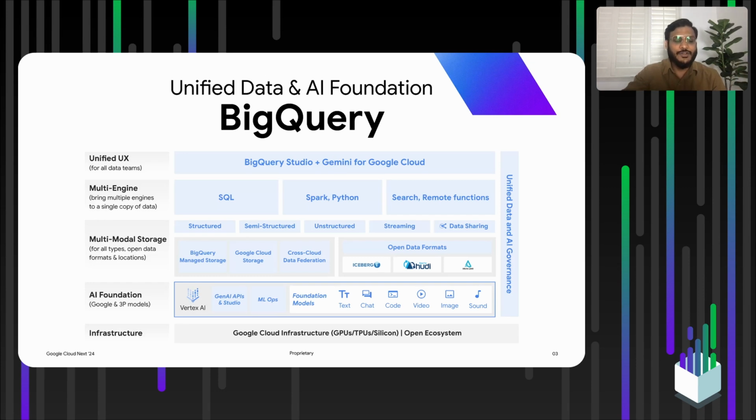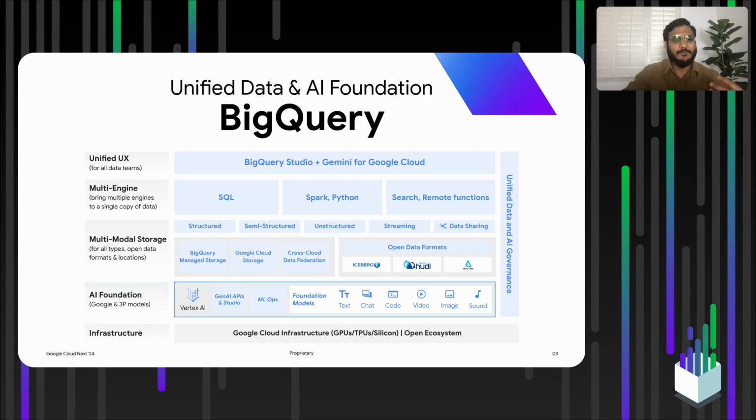BigQuery Studio expands on our SQL workspace, if you've been using BigQuery in the past, to be a one stop shop for all data practitioners. In BigQuery Studio, you not only get a SQL editor, but also you get access to Python notebooks backed by our BigQuery DataFrames, which we will touch base on in a few minutes.